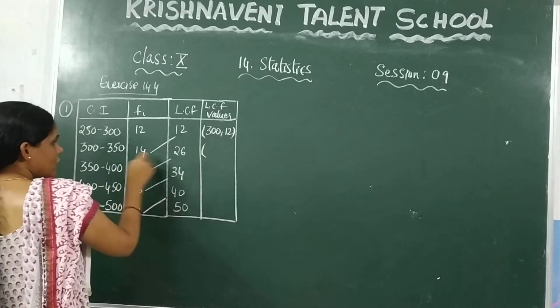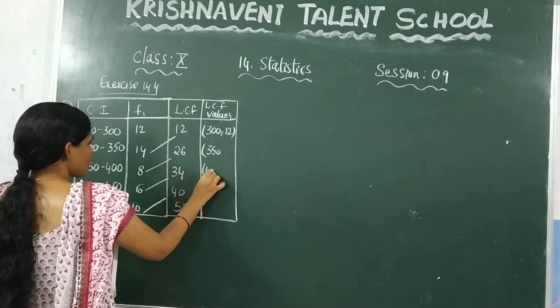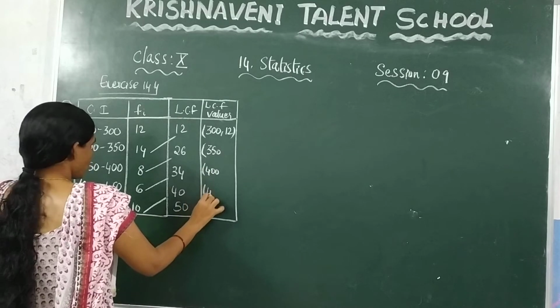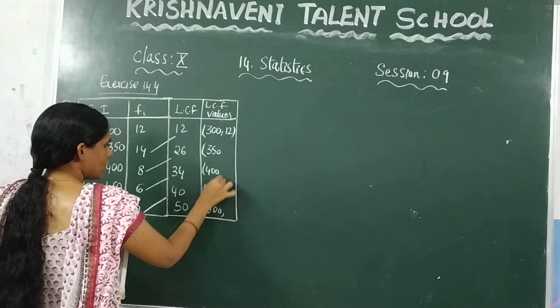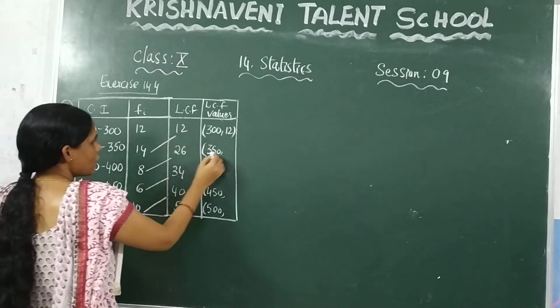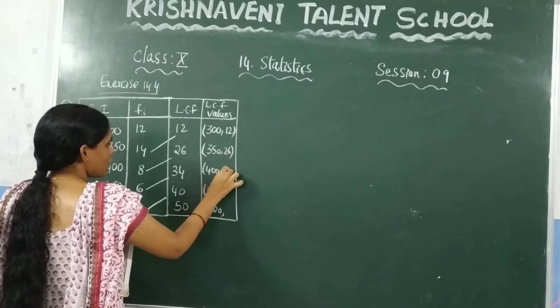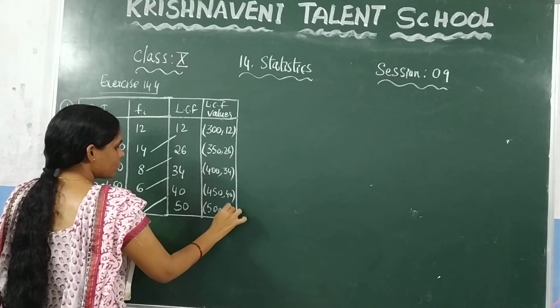And similarly, these are the upper limit points: 350, and after that the next one, 400, 450, and 500. These are the x-axis points. What are the y-axis points? Nothing but 12, 26, 34, 40, and 50.